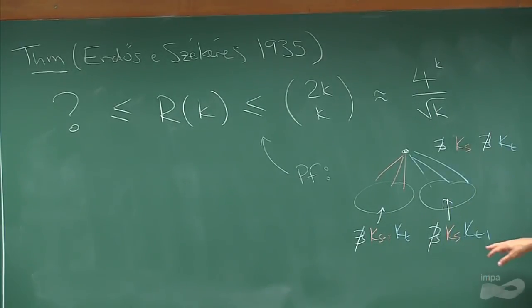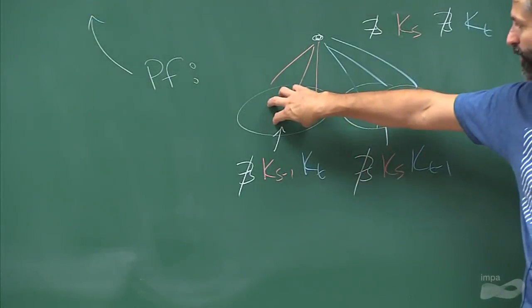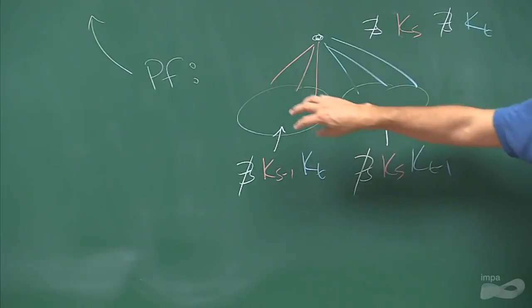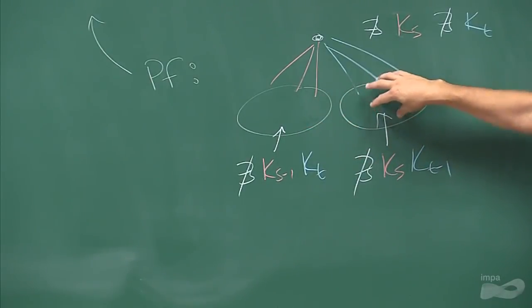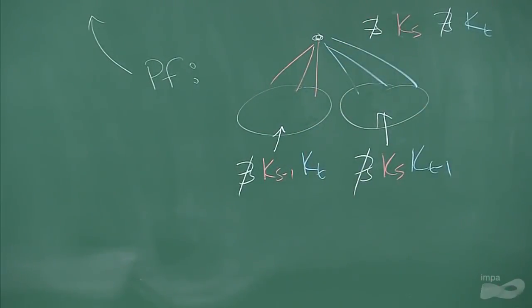So we can apply induction on S plus T to bound the number of vertices here and here. That gives us a bound on the whole thing. Basically, we lose a factor of 2 each time: you've got some red neighbours and blue neighbours, just take the set that's bigger and throw away the rest.